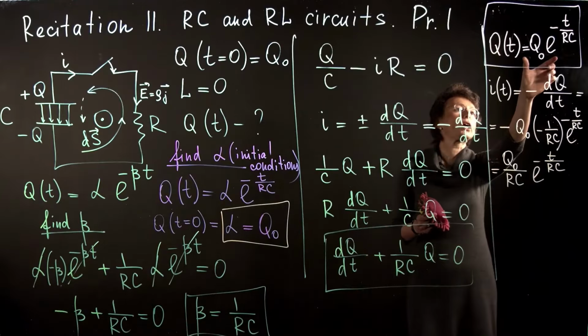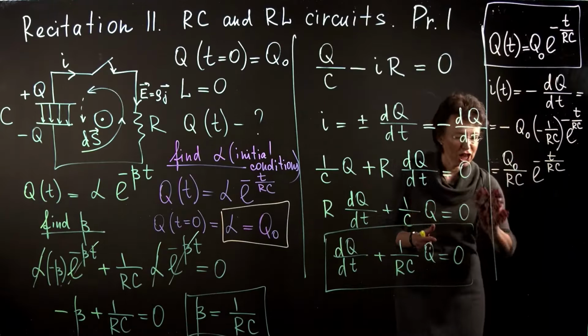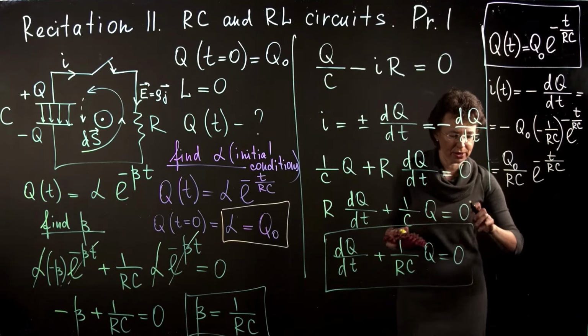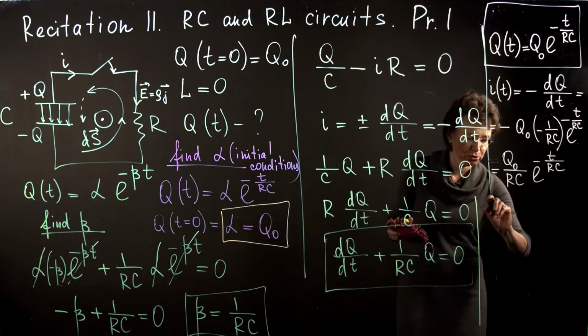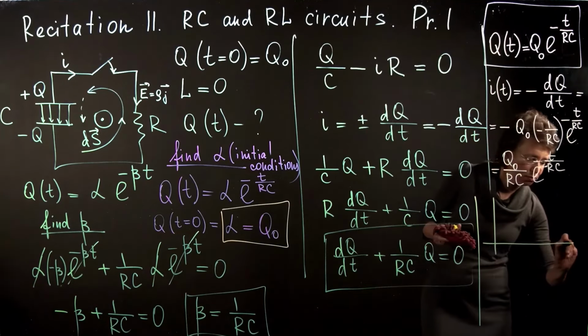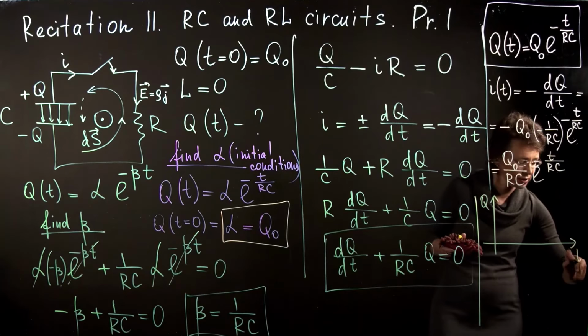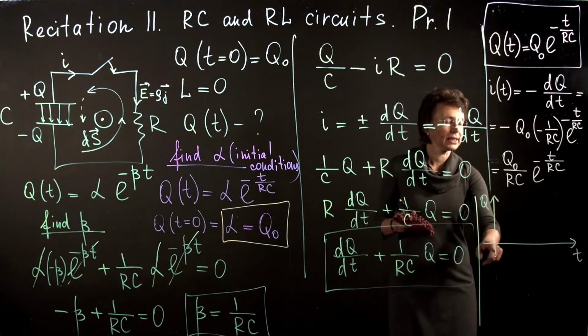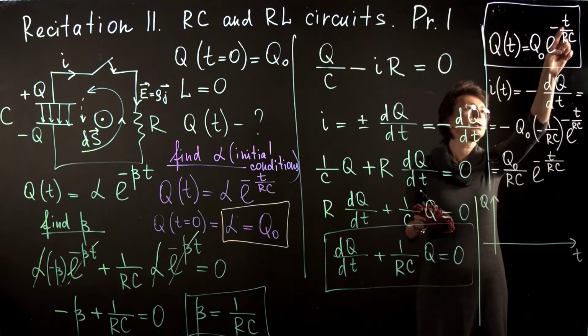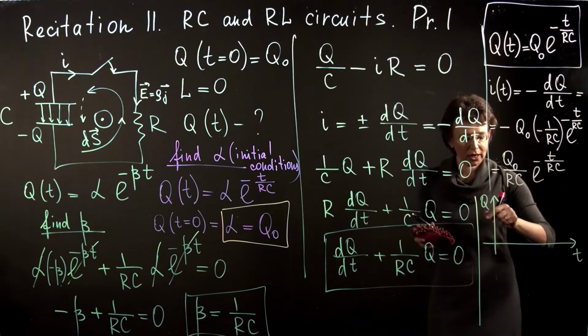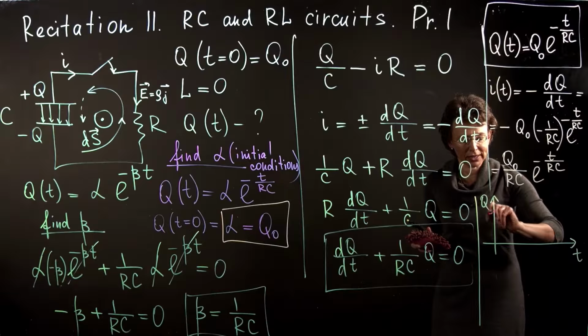Now let's plot q as a function of time and current as a function of time. My graph for q as a function of time will start at time moment 0, where e to 0 is 1. So we start at q naught, right here.